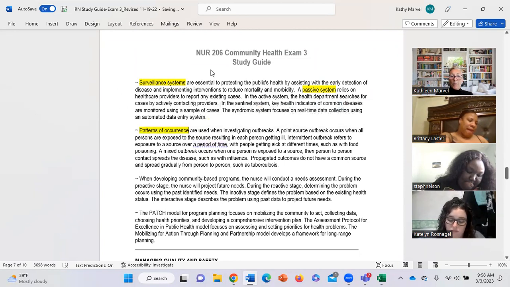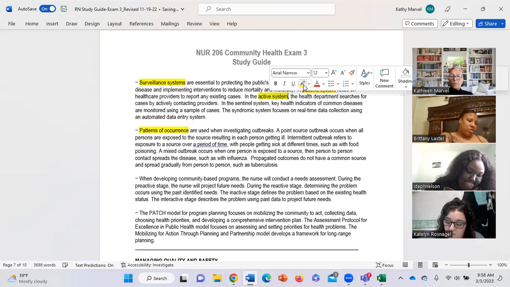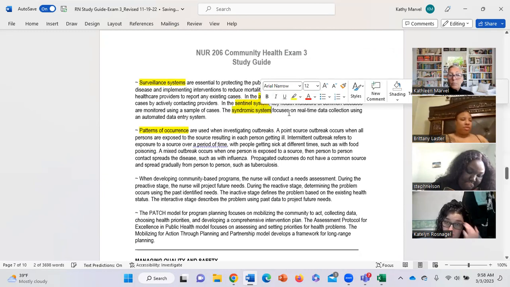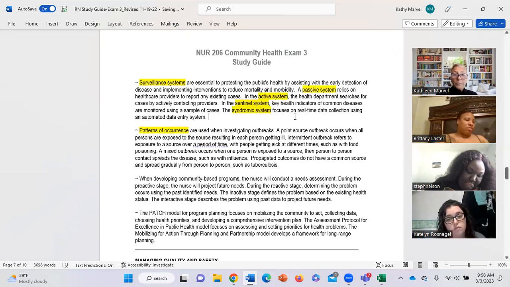Okay, so you have up here, your surveillance system: you have a passive, you have an active, you have a sentinel, and you have a syndromic system. So you need to have just an idea that there are four systems and what they are, right?